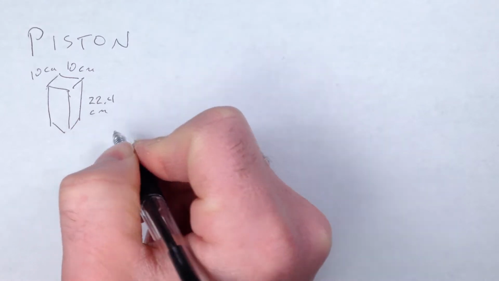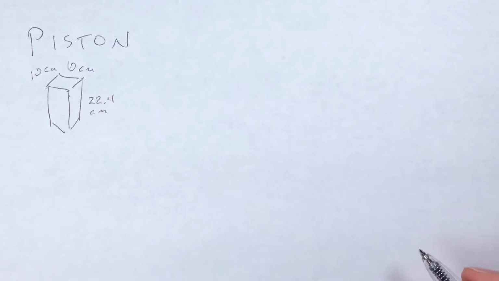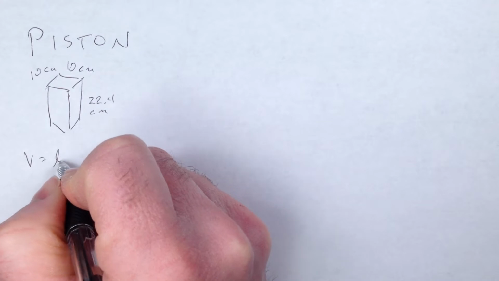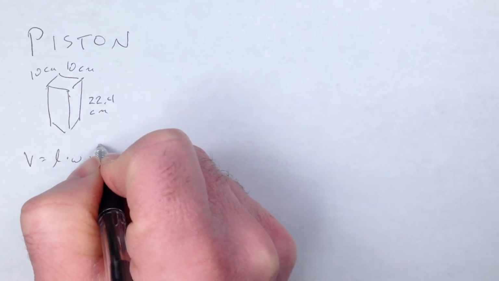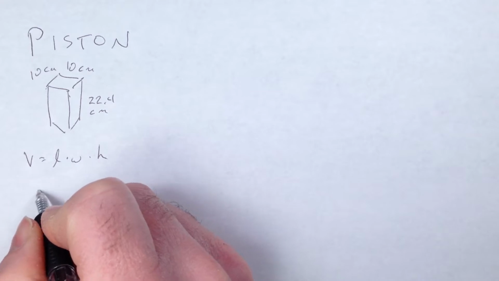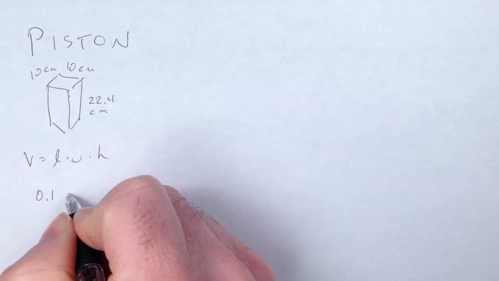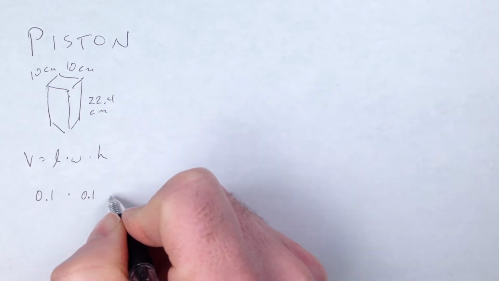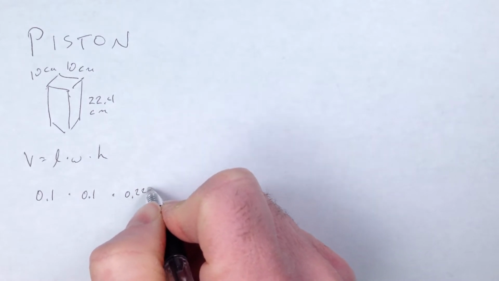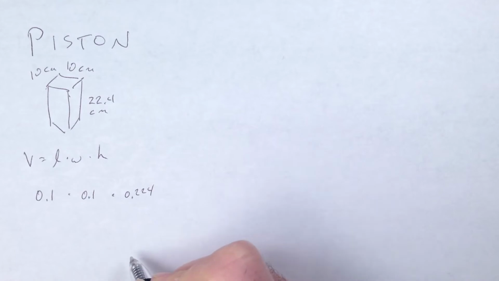22.4 centimeters. Just real quickly then, if volume is equal to length times width times height, and we want to do this in meters, we have 0.1 meters by 0.1 meters by 0.224 meters.